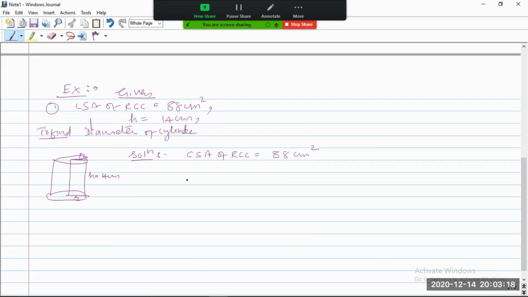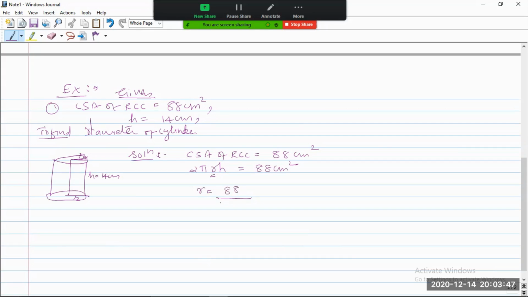And we know the CSA of a right circular cylinder is given by 2πrh, as we have seen before, and it is equal to 88 centimeters square. We know the CSA and the height of the cylinder, and obviously we can get the value of r, the radius of the base of this right circular cylinder. So to find r, we take all the known terms to the right side.